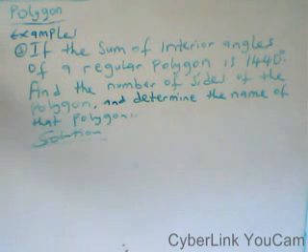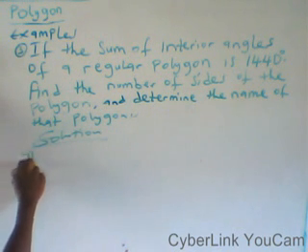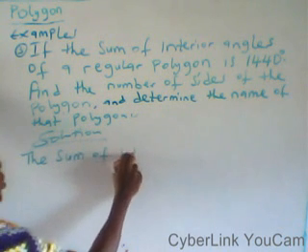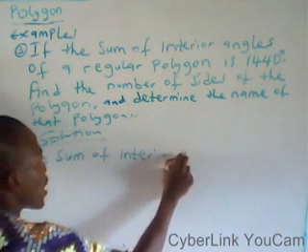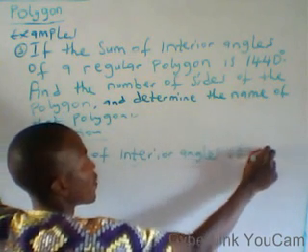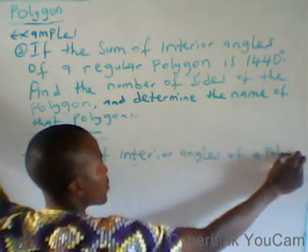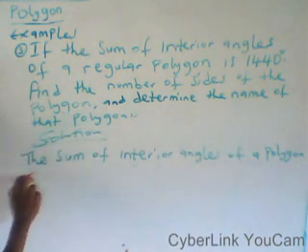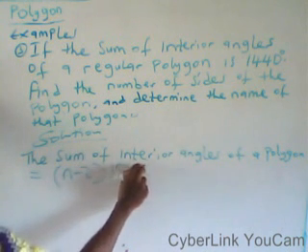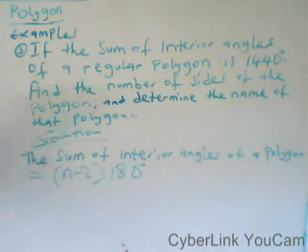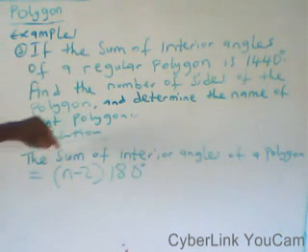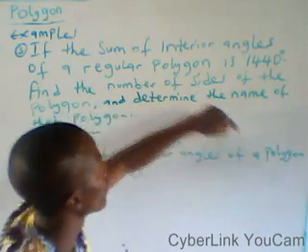Now, how do we go about it? We know that the sum of interior angles of a polygon is equal to (n minus 2) times 180 degrees. The question itself gives us the sum of interior angles of a polygon.